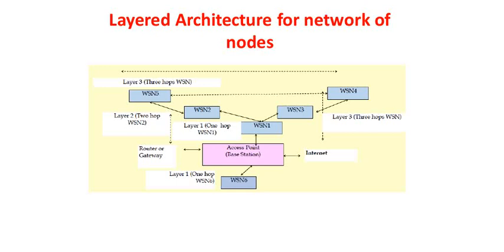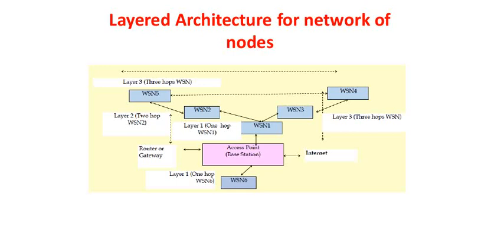I left off, right? So we were discussing the architecture of the network of the nodes. The first one is MINA, which we have already seen as a multi-hop infrastructure network architecture. Depending upon the total coverage, you arrange the different nodes in different layers, and the ultimate intention is to get connected to the base station.